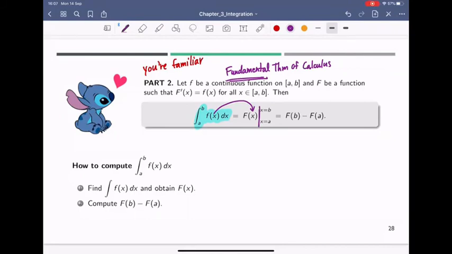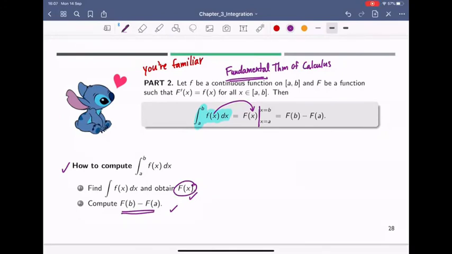It makes the world a lot easier because we know how to find antiderivatives. And then you just plug in b and a into the antiderivative, and then done. So this is the step: integrate f(x) dx, obtain the antiderivative first, and then evaluate at b minus evaluate at a.